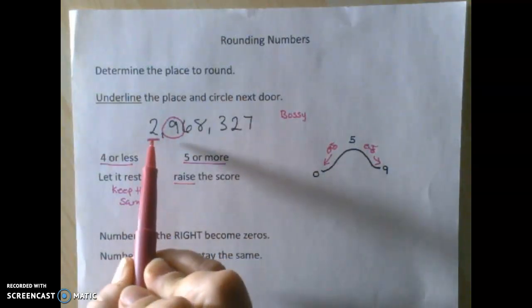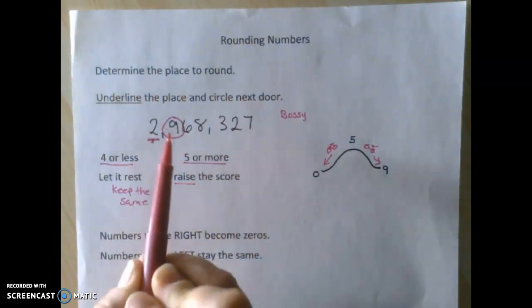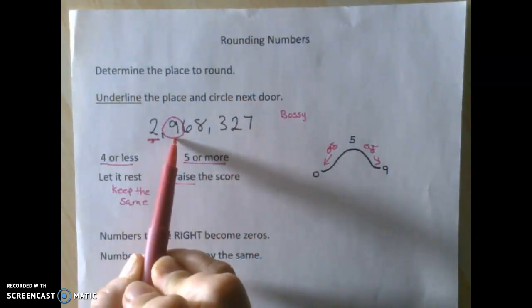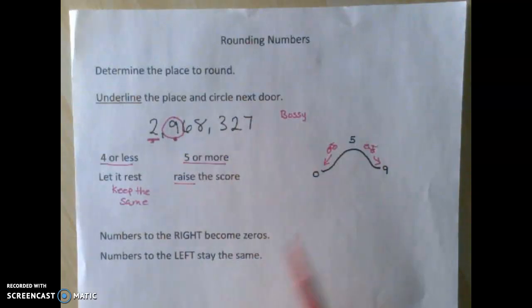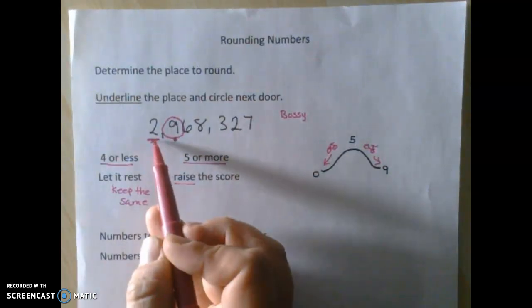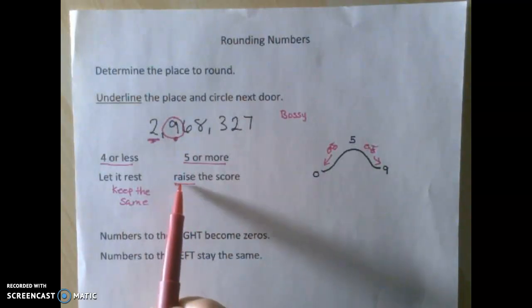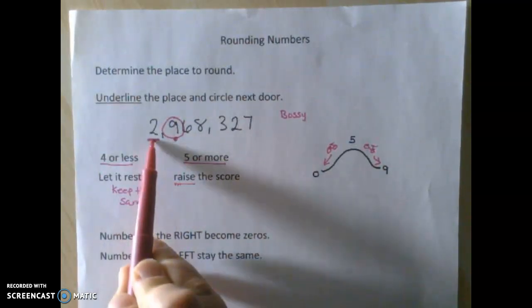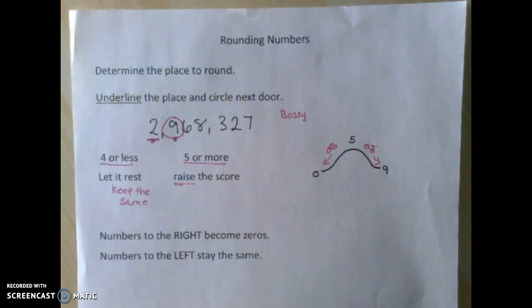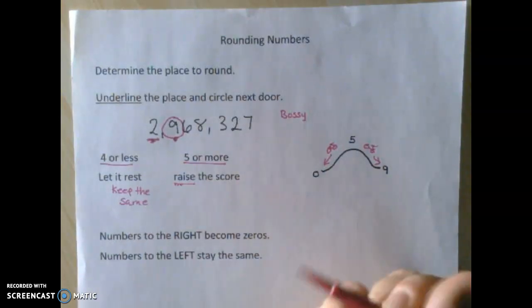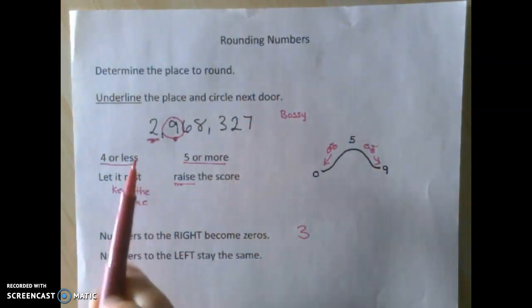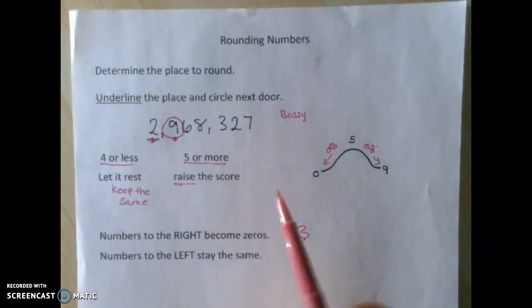Once we've determined which digit we're rounding and taken into consideration what our bossy neighbor is telling us to do, we're going to rewrite this number. Now, this one's a 9, so that tells me that I need to take this 2 and make it a 3. I'm raising that score. So I'm going to write that over here. Okay, I've changed that 2 to a 3.